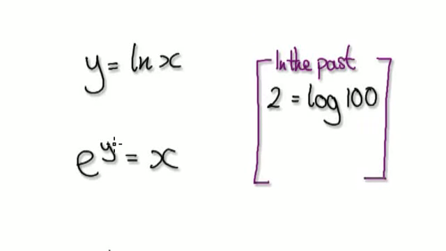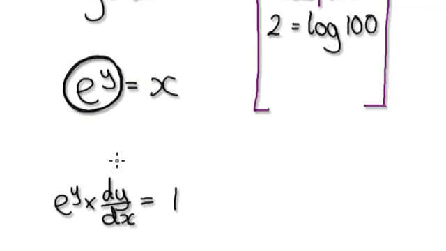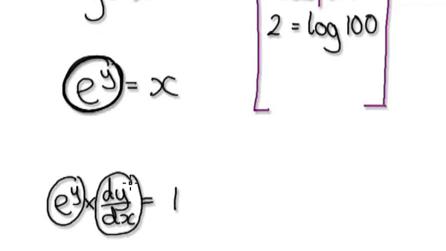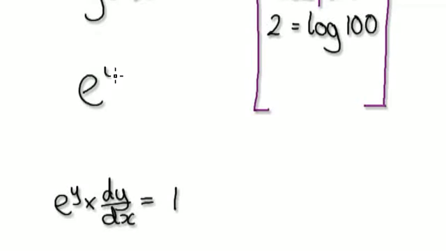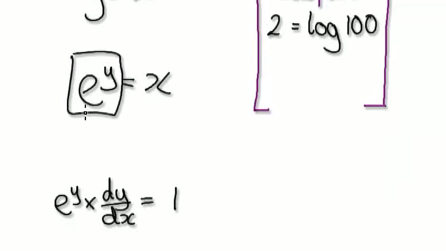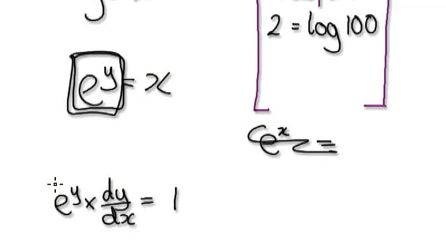When you differentiate e to the power of y, it is just itself, but then you've got to times by the bubble, dy by dx.